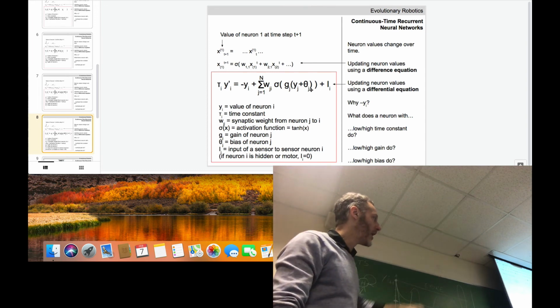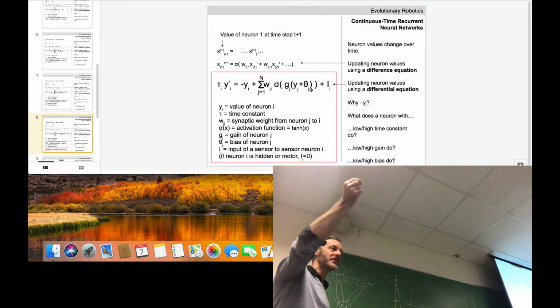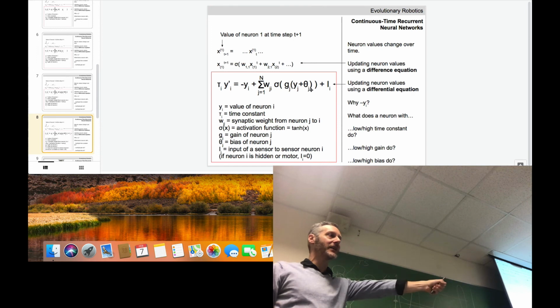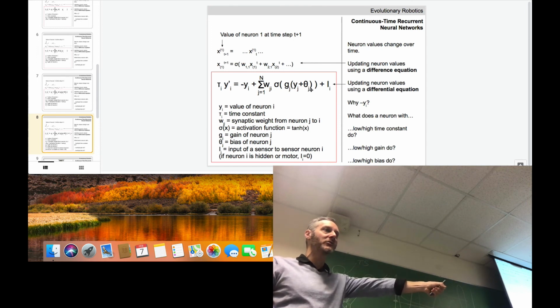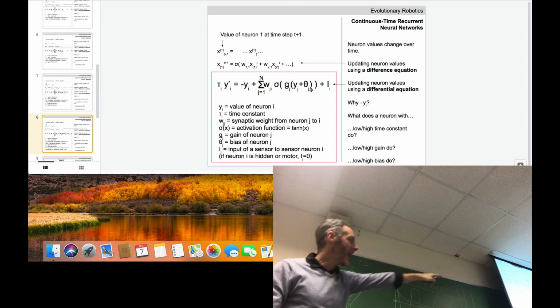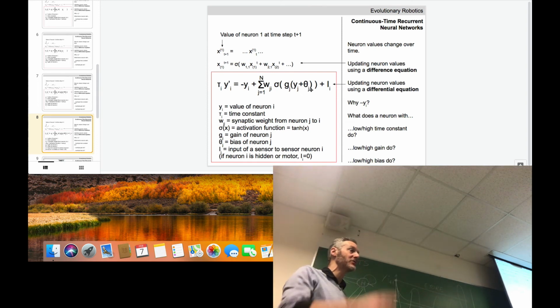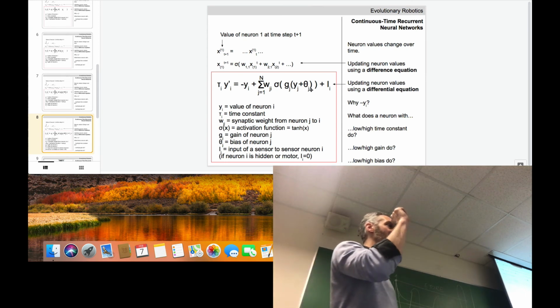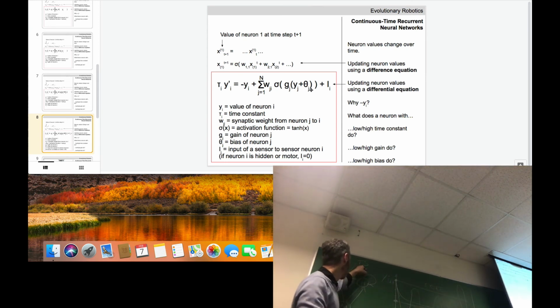Sometime later, as the robot moves, that touch sensor flips from -1 to +1. The object containing the touch sensor comes into contact with the ground. This value switches from -1 to +1, and the I sub I in the differential equation flips from -1 to +1. So I sub I represents the value of the sensor associated with that sensor neuron.